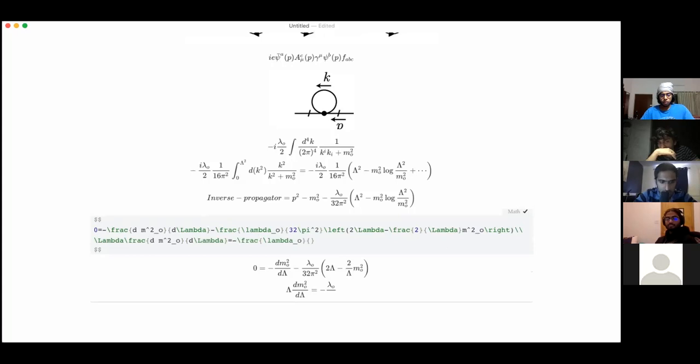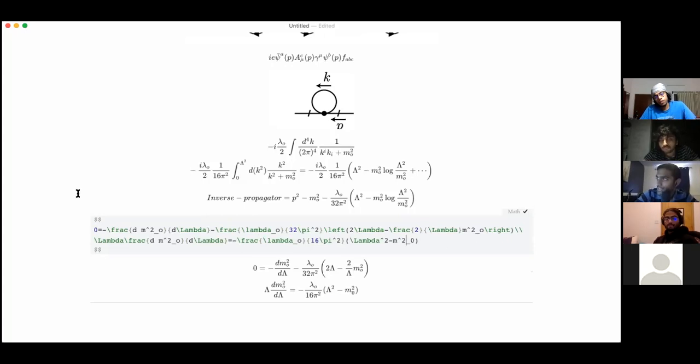Lambda 0 over 16 pi squared times minus m naught squared. You just take the 2 also to the other side and you'll be fine. So this is our RG equation for the running mass, essentially. This is like the mass renormalization.